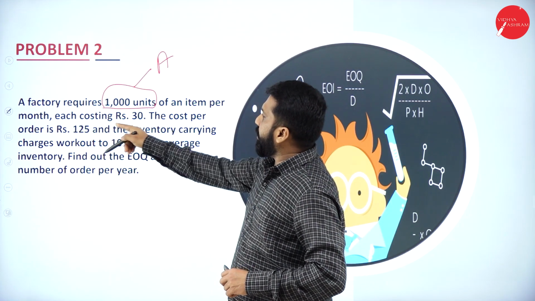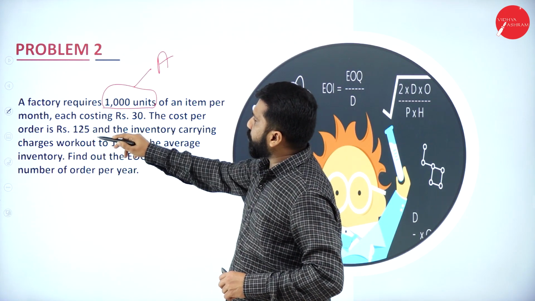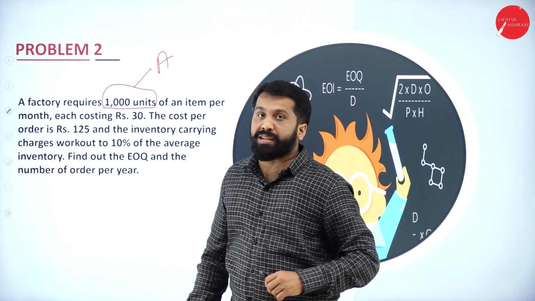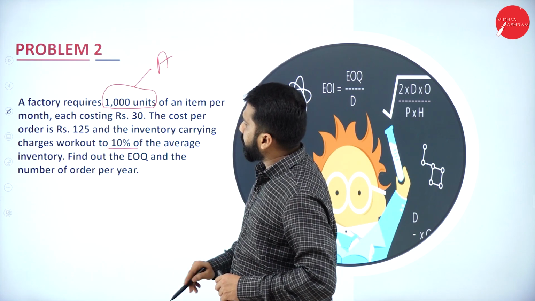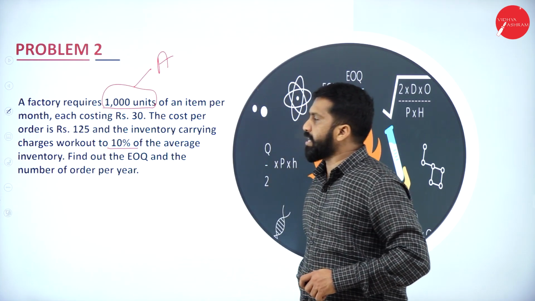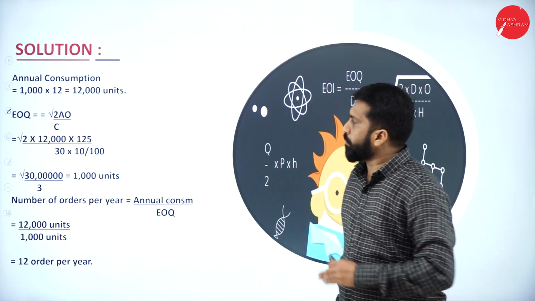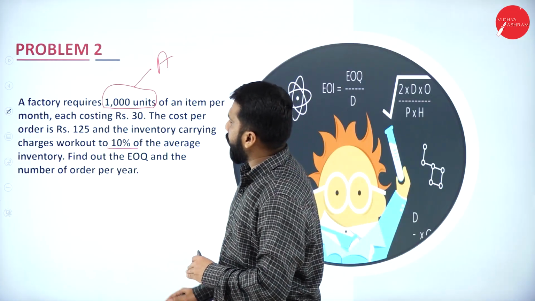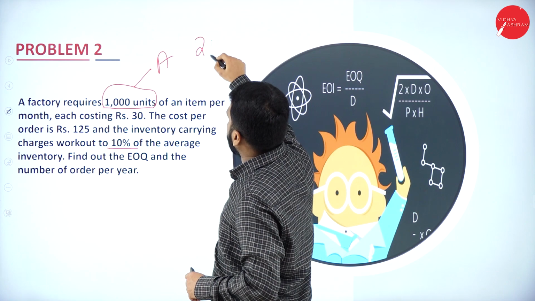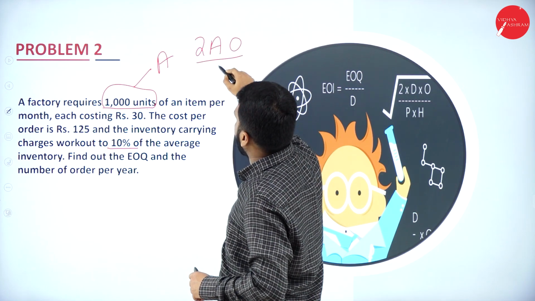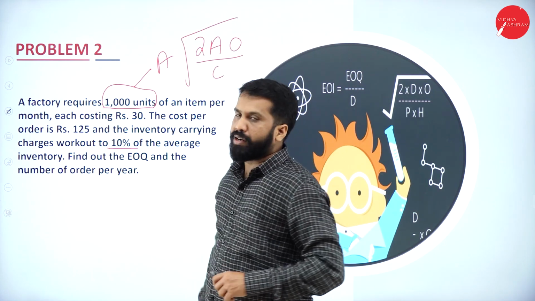Each costs 30, the cost per order is 125, and the inventory carrying cost is 10%. You are supposed to calculate EOQ. So these are the informations you have. Before that, remember, what is your formula? Square root of 2AO divided by C.